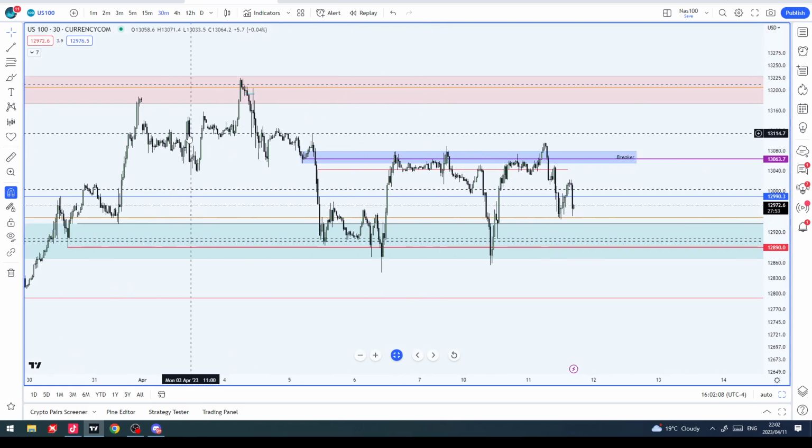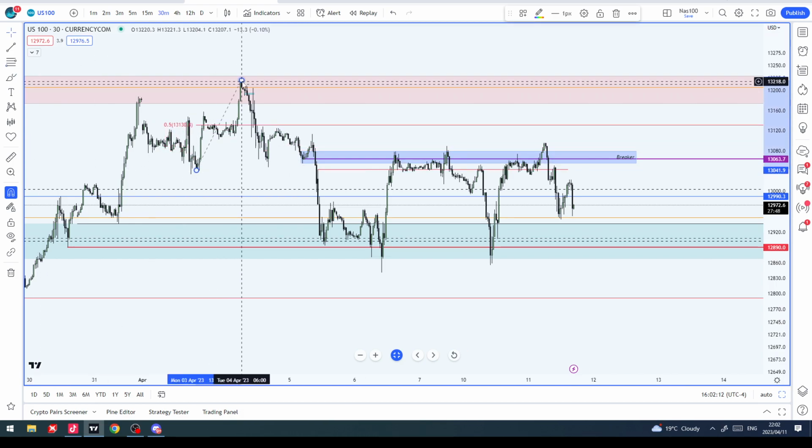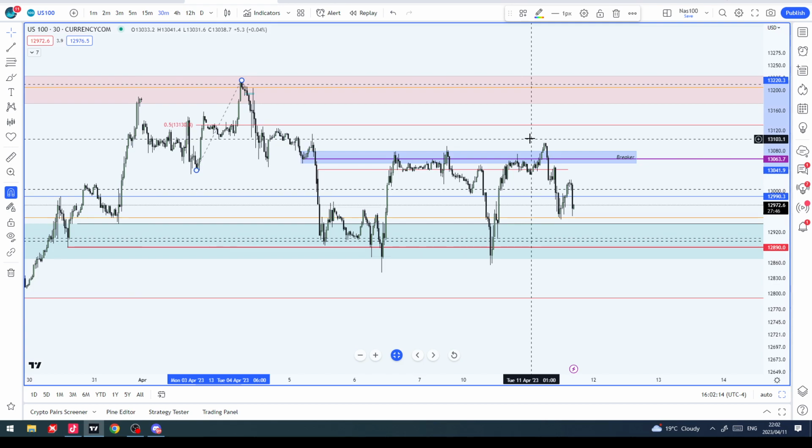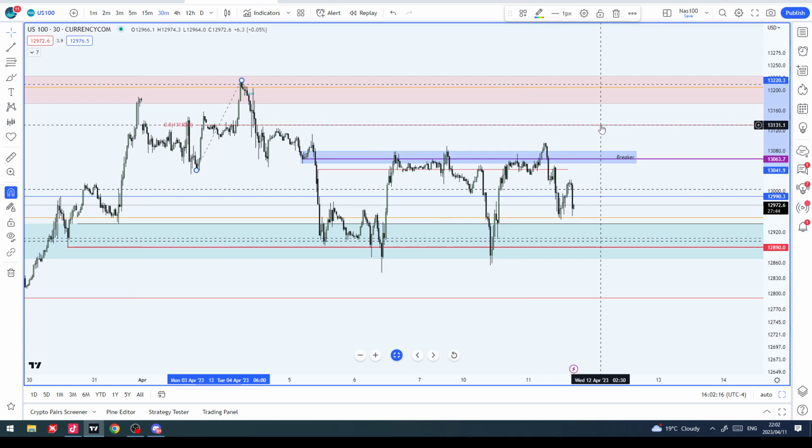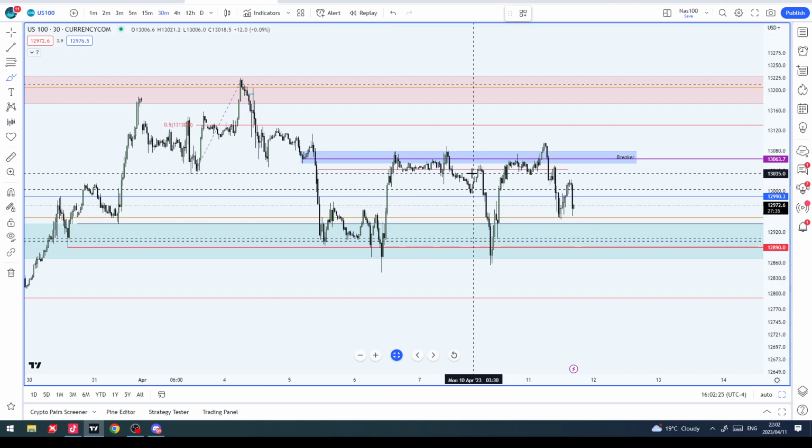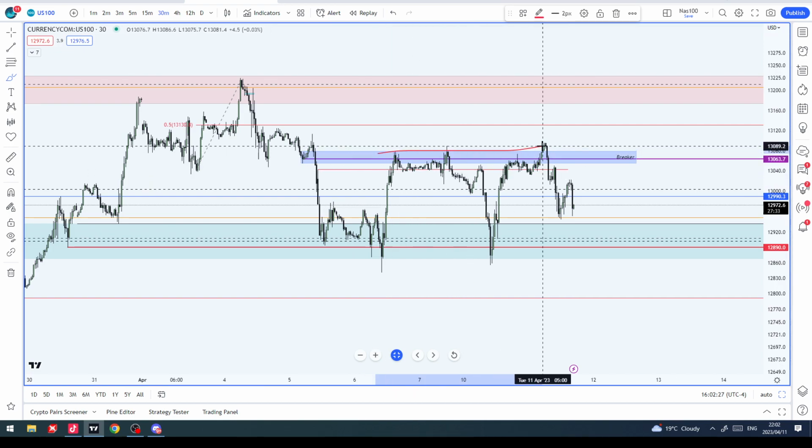And I wouldn't be surprised if they do come back all the way up here. Let's go 50% of that. If they come back to around 13.1, but there's a small chance, very tiny chance, that Tuesday has put in the high of the week. So Tuesday works as accumulation, Monday, Tuesday.